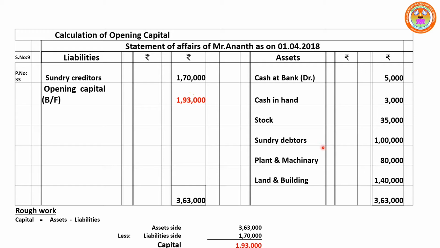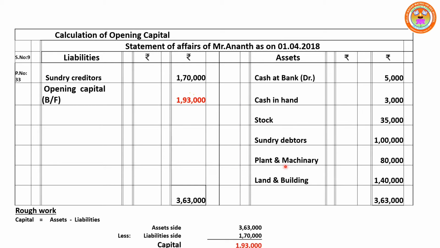So regarding these two assets, adjustments are given. We should not show while preparing opening capital. Land and building 1,40,000. Then sundry creditors 1,70,000. So we have segregated assets and liabilities.